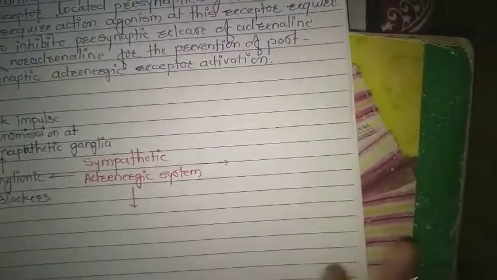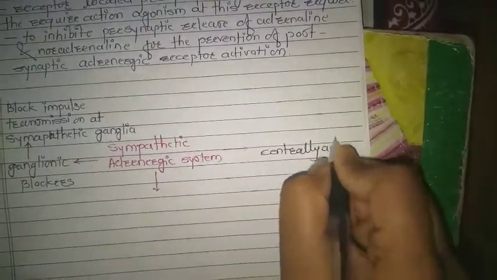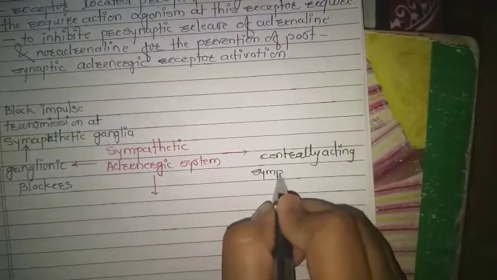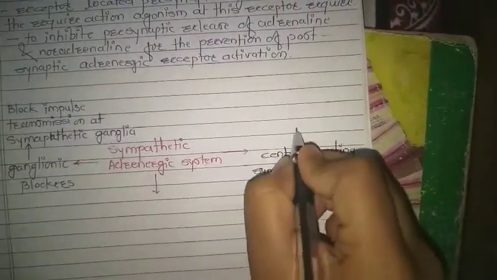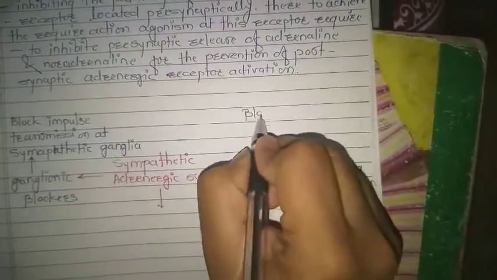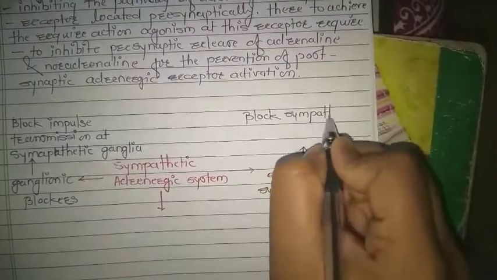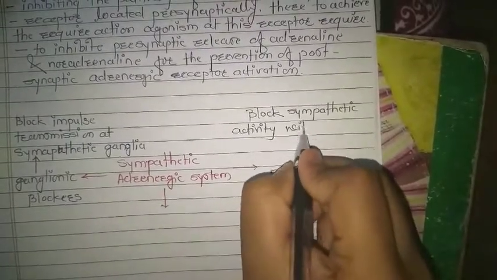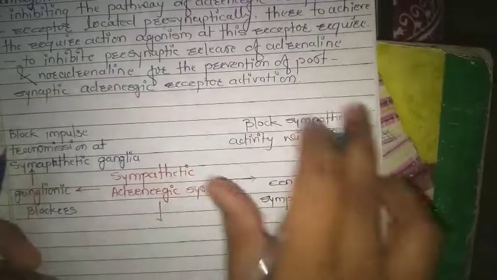When this sympathetic adrenergic system acts through centrally acting sympatholytic drugs, it blocks sympathetic activity within the brain. Okay, this is the second pathway.